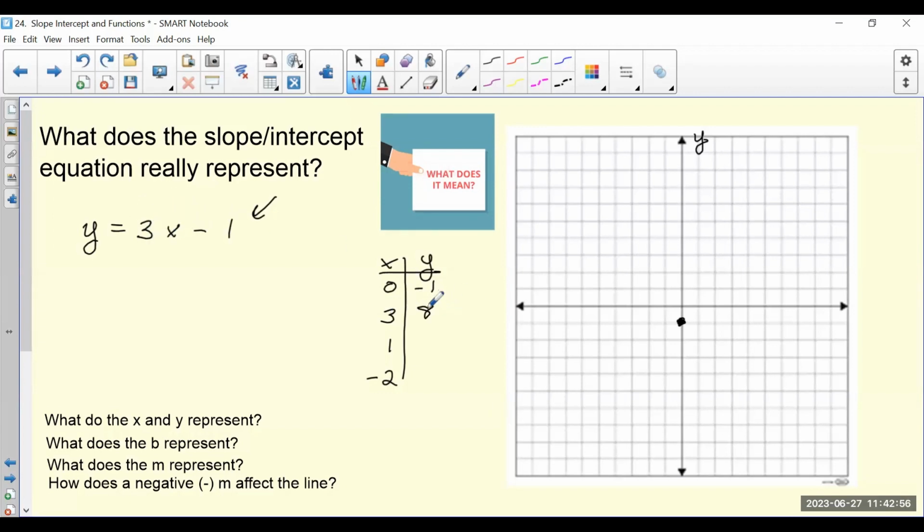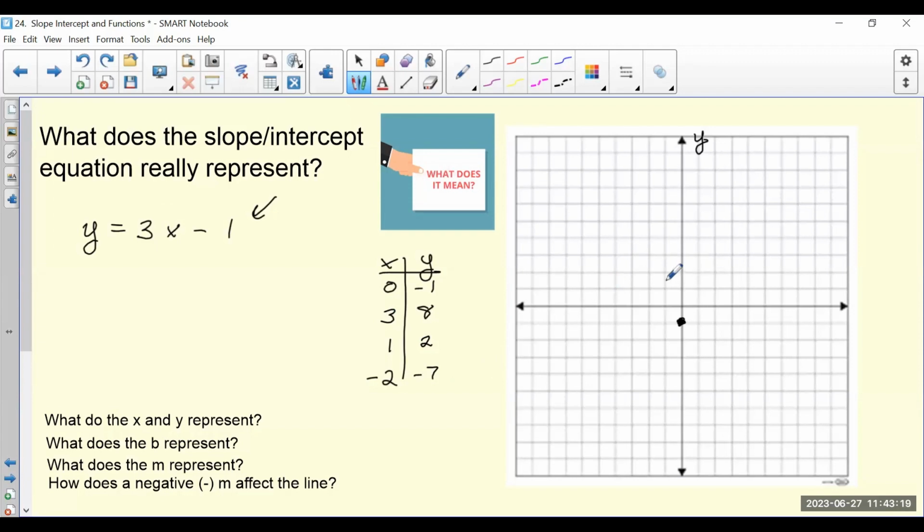So if we input a 3, we get out an 8. If we input a 1, 3 times 1 is 3. 3 minus 1 is 2. So 1, 2 is going to be a coordinate point. Now -2. 3 times -2 is -6. -6 minus 1 is -7.